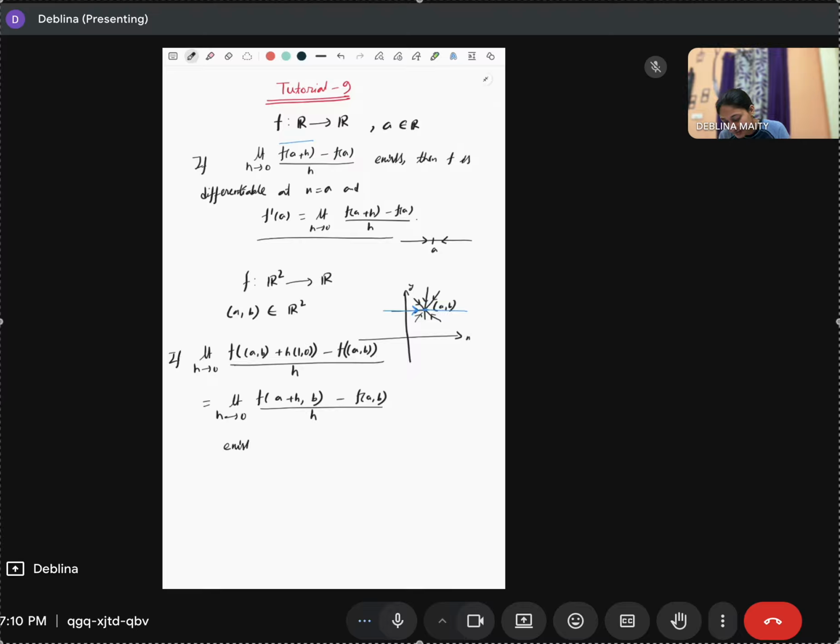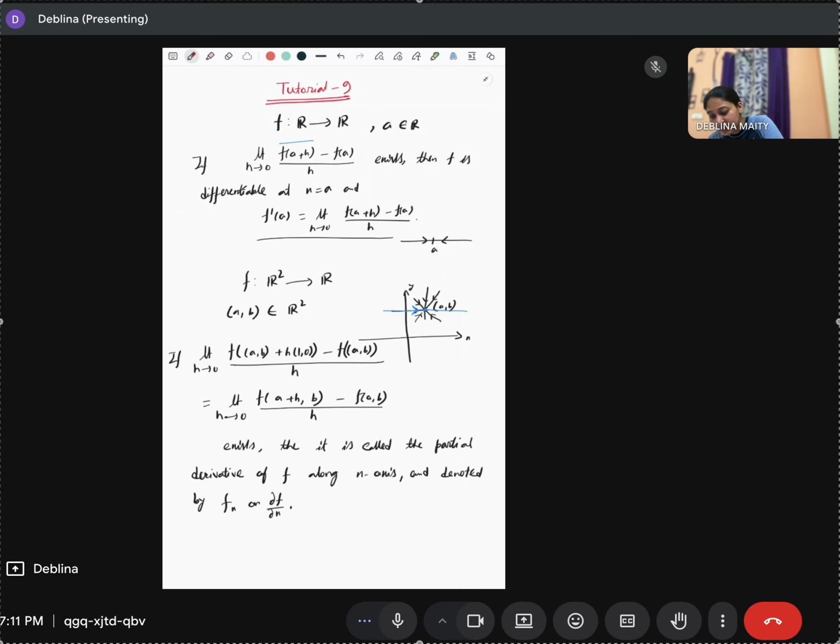If this limit exists, then it is called the partial derivative of f along the x-axis, and it is denoted by f_x, or del f del x.